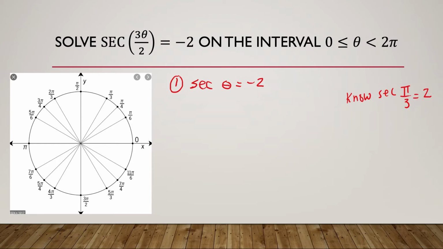I also know on my charts for positives and negatives that the secant is the same as the cosine. So it is going to be positive here, and negative in the other 2 quadrants. Here is pi over 3. Because it's a negative, I need to move it into the second quadrant and also the third.